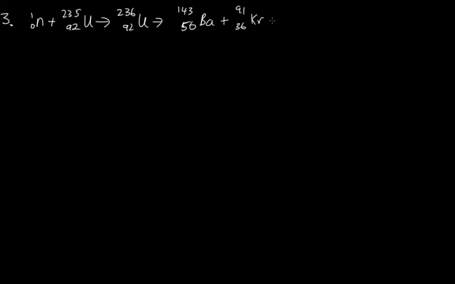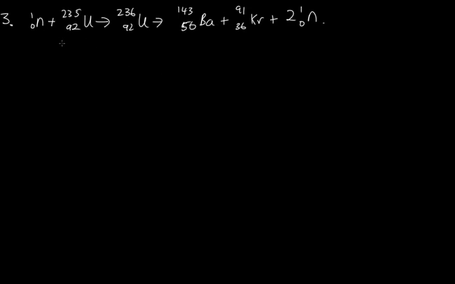Problem 3. In this problem, we're told that a common nuclear decay in nuclear power plants is a neutron plus uranium-235 going to, well, this forms uranium-236, which is unstable, and then can decay into barium-143 and krypton-91 plus 2 neutrons.